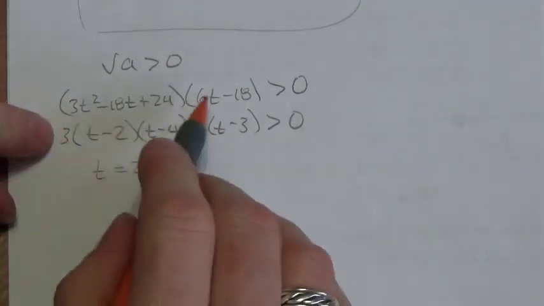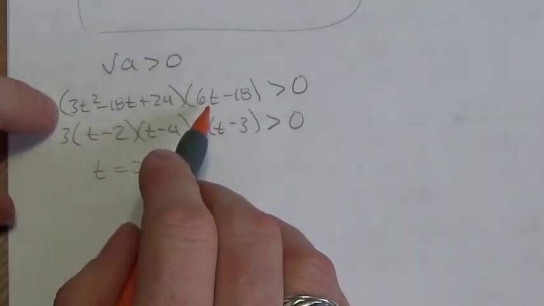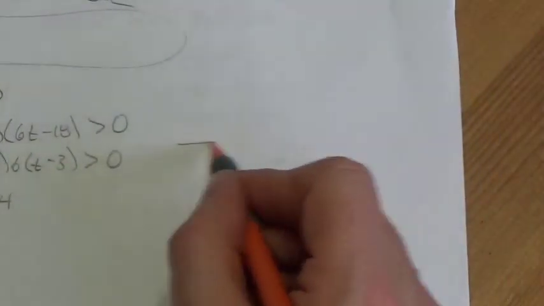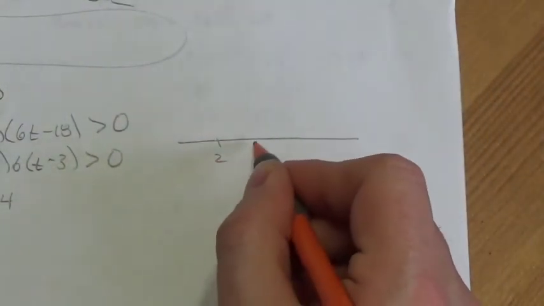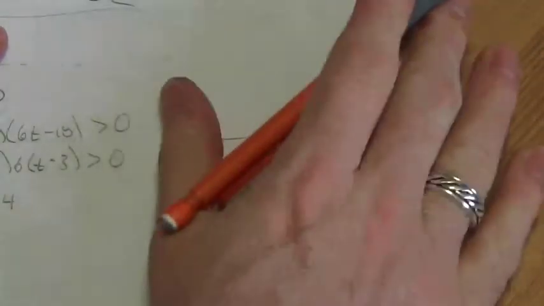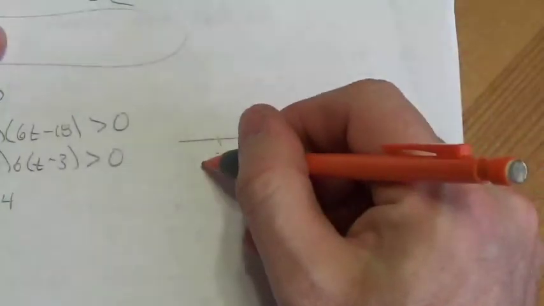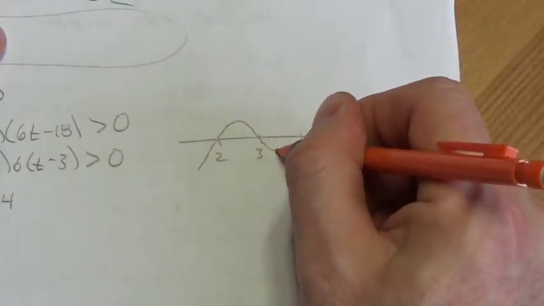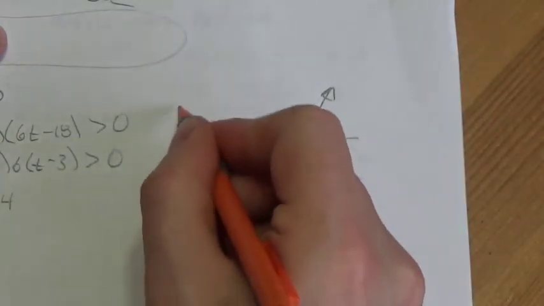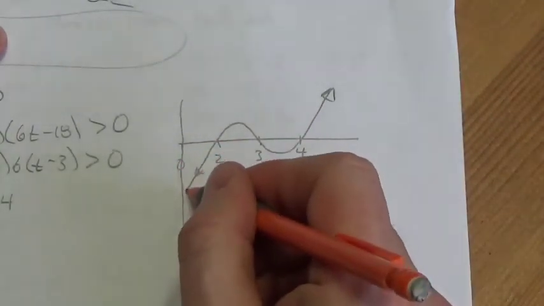When I multiply 3t squared by 6t, I get 18t cubed, so it's a positive cubic, moving up. The multiplicities of all those roots are 1, so it's going to go through, go through, go through. And somewhere over here is the 0, which is going to be our boundary point.